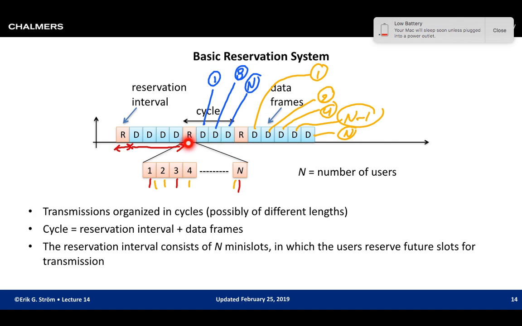In the reservation interval, we need to have mini slots. Access to these mini slots also requires medium access control. Either we use it like this, which is sort of like TDMA, where each user has a time slot, it's predefined, users are synchronized, or we use a random access method for accessing these slots. These are the two main options.